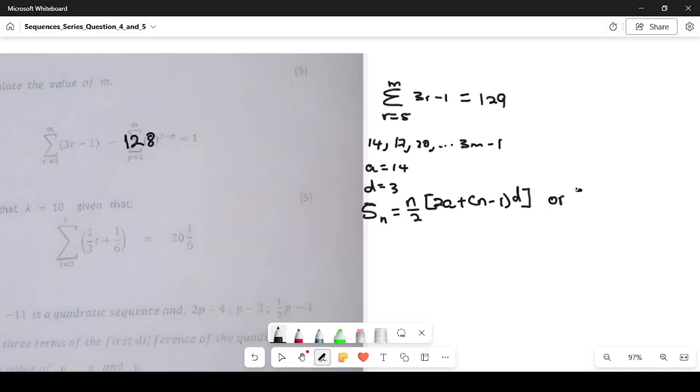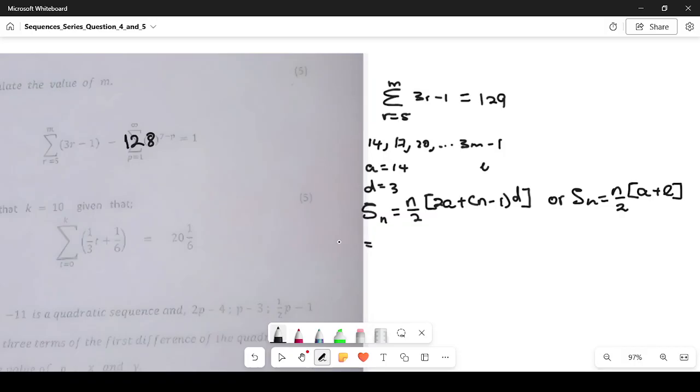Or you can use n divided by 2 times the sum of the first and the last term. For this case, I will choose the longer one, since this is the one that we mostly use. But even if you use the one where L is the last term, you should arrive at the same conclusion.